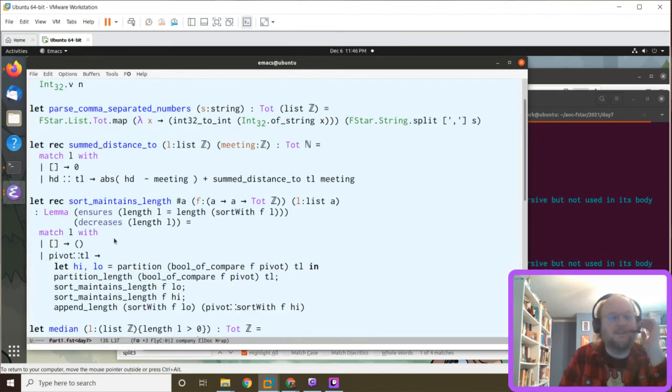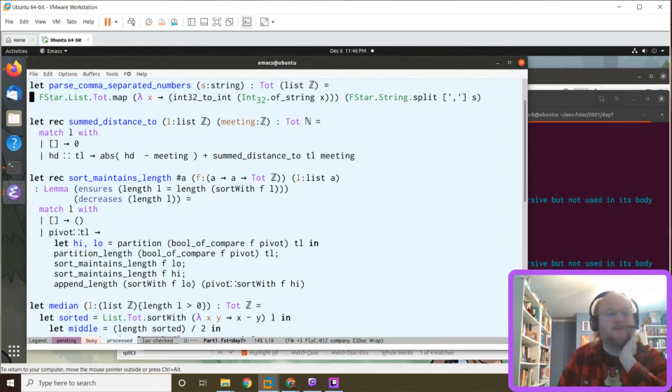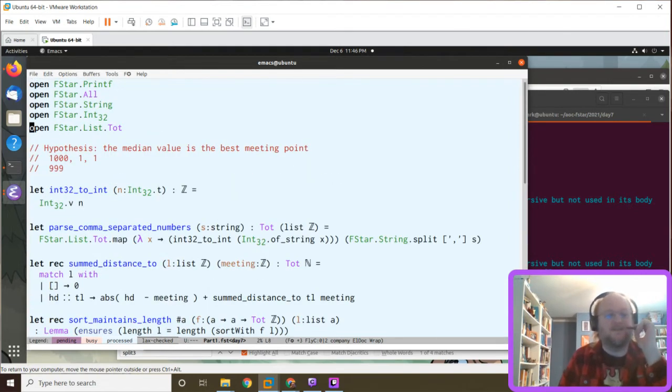So I really would like to prove this theorem, but it won't apply to part two. In part two, it's probably going to be some other function.